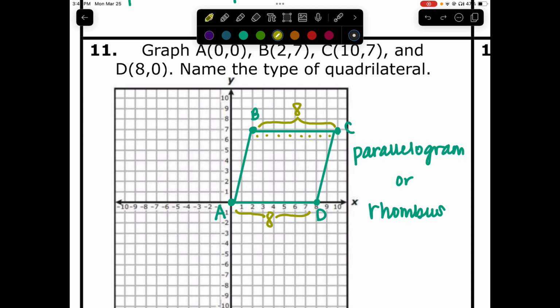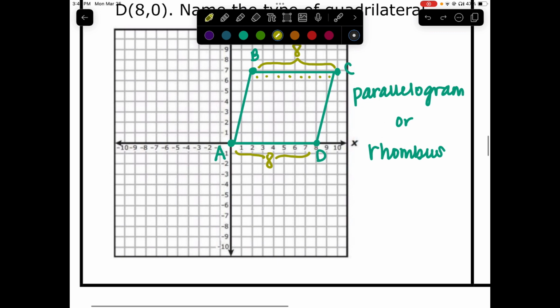So we're going to have to use the distance formula since it's not straight up and down or straight horizontal. To find AB, we're going to use the distance formula, which is the square root of x2 minus x1 squared plus y2 minus y1 squared.